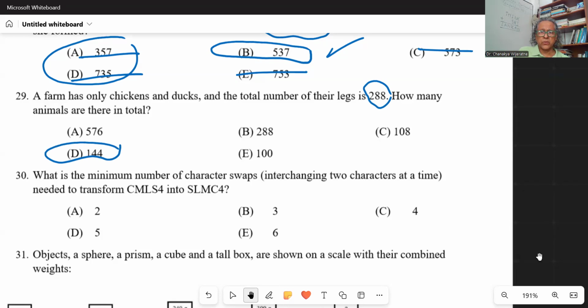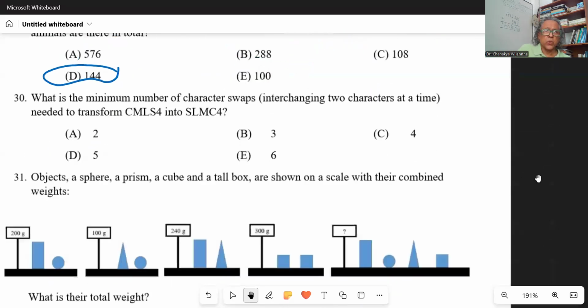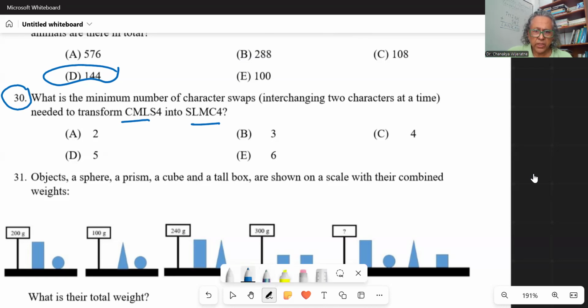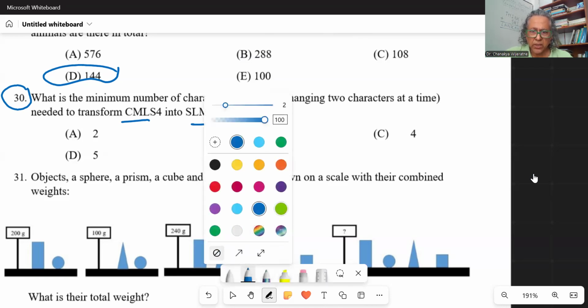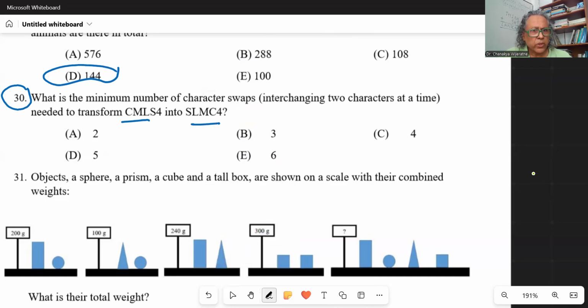Right. Let's go to the last question. What is the minimum number of character swaps? So that means interchanging 2 characters at a time, to transform this into this, right? So you look at this for a while, scratching your head, and then you see that, yeah, I want Slmc, right? So I need to swap these 2, right?